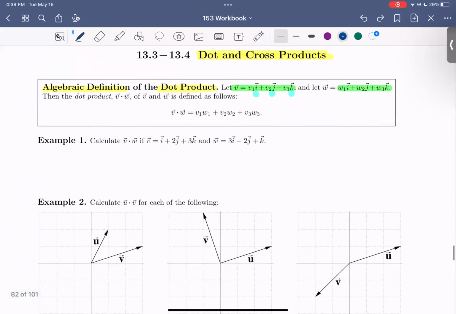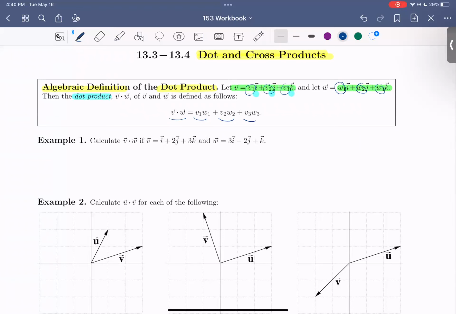Okay, so here are 2 vectors. Then the dot product, written v dot w, of v and w is defined as follows. We're going to multiply the components on the i term, so v1 w1, multiply the components on the j term, multiply the components on the k term, and then add all of those together.